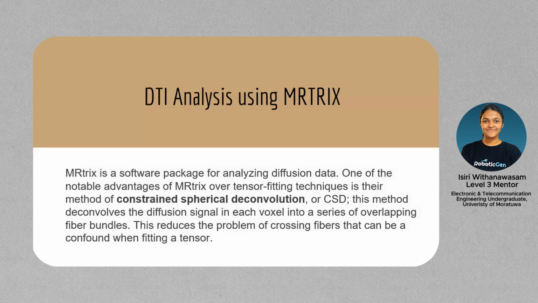When two or more nerve fibers cross at a voxel in a diffusion MRI image, we can't specifically say which fibers are crossing there. The signals get mixed and we can't get the correct information from that image. So we have to solve that problem. Constrained spherical deconvolution, the method MRtrix uses, does not fully solve the problem, but it reduces it to a certain extent.